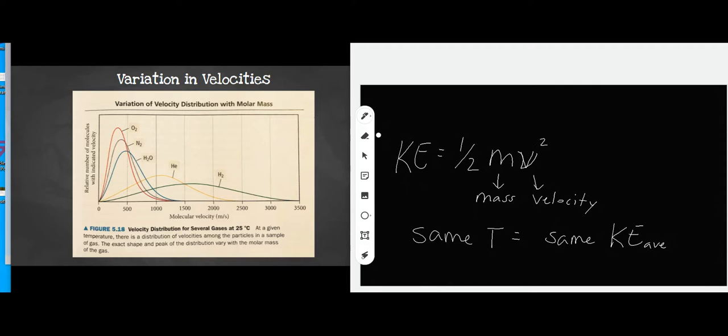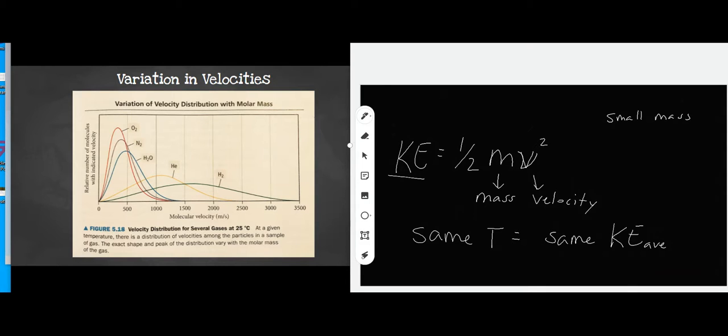So they have the same energy, all of these particles in this description, because they're all at 25 degrees Celsius, according to the little description down here. They all have the same average kinetic energy, but their masses are different, and therefore their velocities are going to be different.